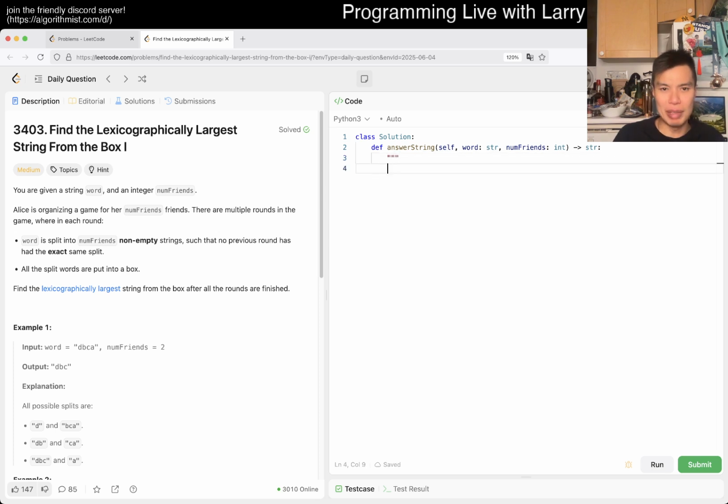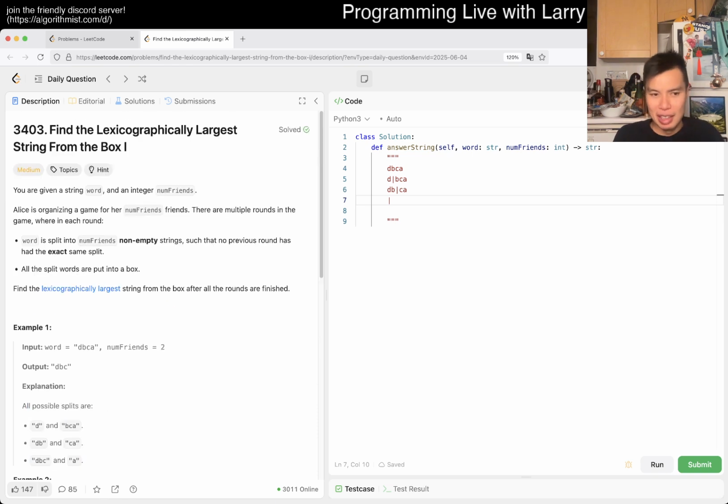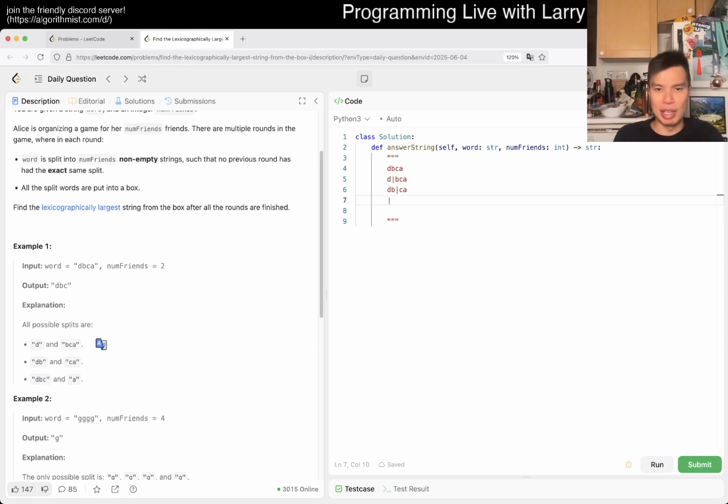So the first time you split into, say, DBCA, and then the second time, and then the third round. This is a very poorly written problem, I think. They don't even use the language here. Why don't they just say, okay, first round we did this, second round we did this, and so forth? Just give us one actual example that shows that you actually read the problem you wrote.